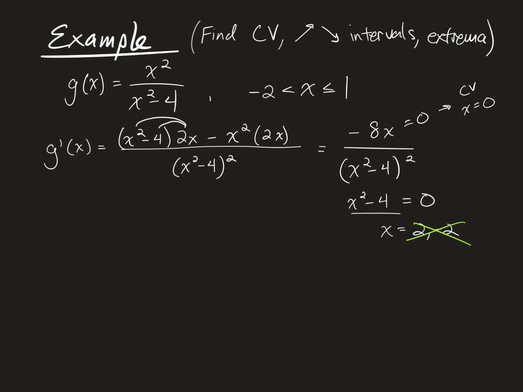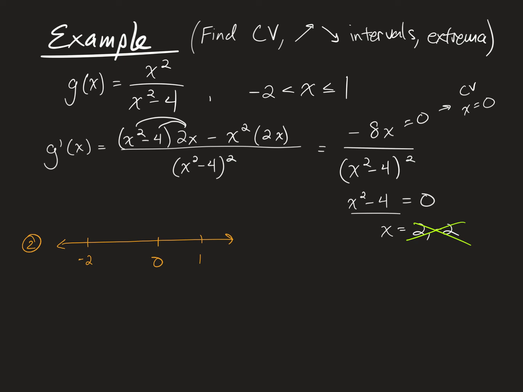Okay, so let's check it out. We have a critical value of 0, and so I'm going to go ahead and make my number line. I'm really only interested between the values of negative 2 and 1, so I'm marking those so I know where to limit my test values.